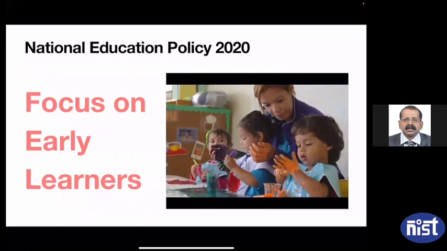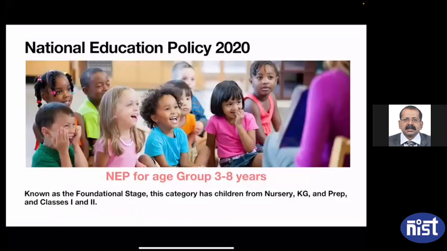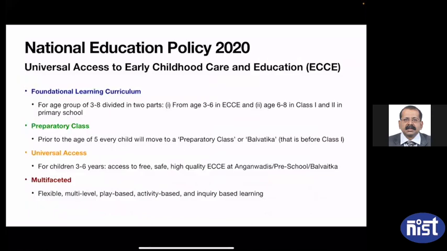Well, to start off with, there is a focus on early learners, and for ages 3 to 8, which is called the foundational stage, we will have, as we discussed, children from nursery, KG, prep, class 1 and class 2. And there's a foundational learning curriculum, and this is what they call the ECCE, Early Childhood Care and Education.